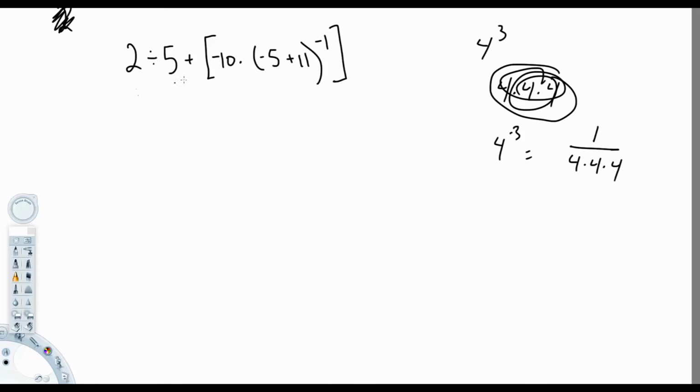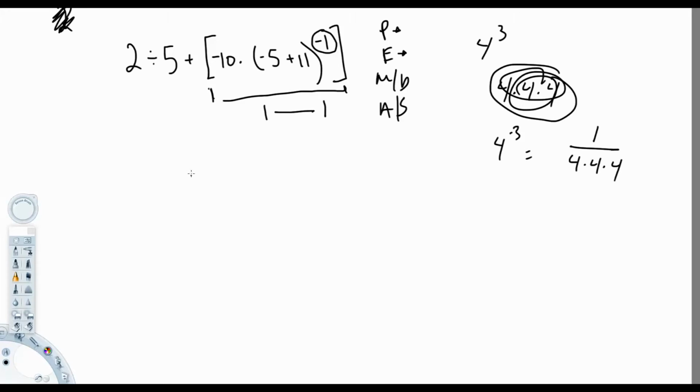So now we have this problem. Parentheses, exponents, multiplication and division, addition and subtraction. Remember, P means parentheses, not powers. Exponents means powers. So let's look at this killer problem. I see a bracket here, and I see a bracket here, and I see a bugger of an exponent right here.